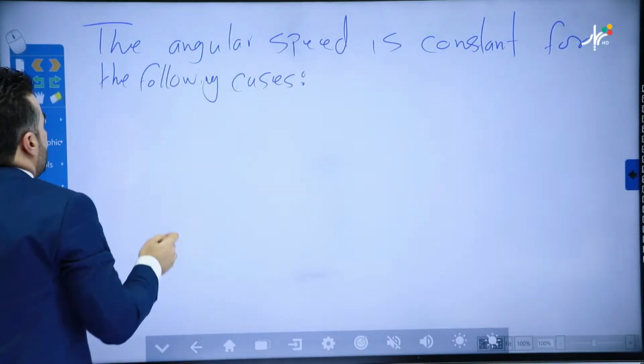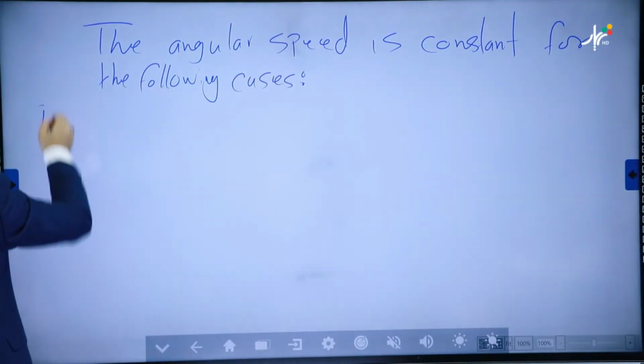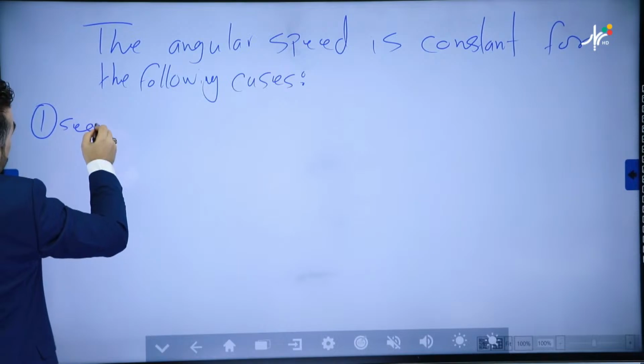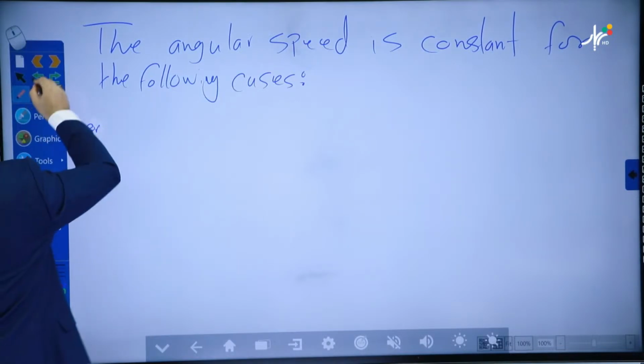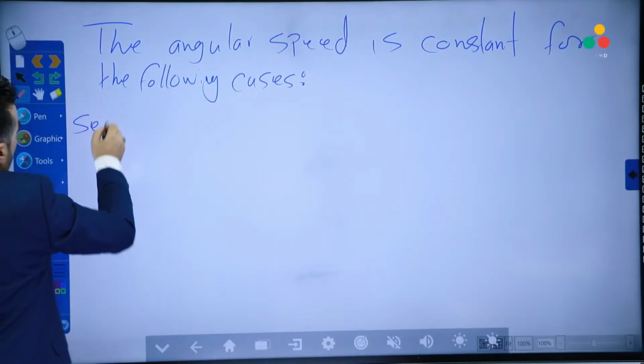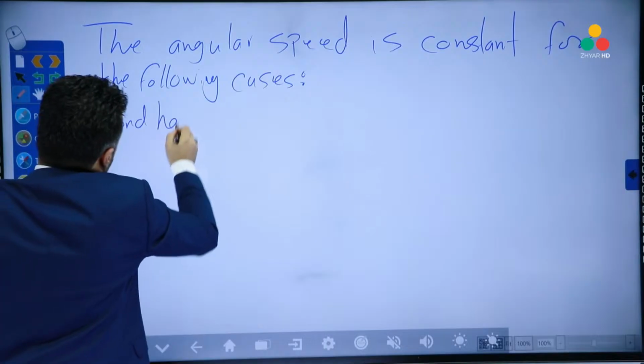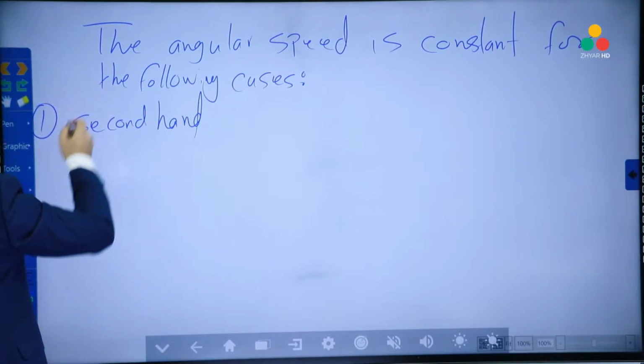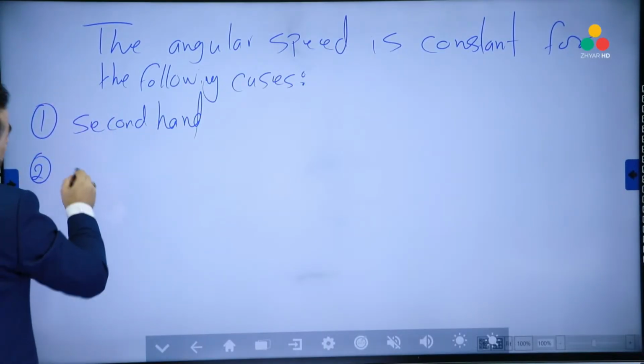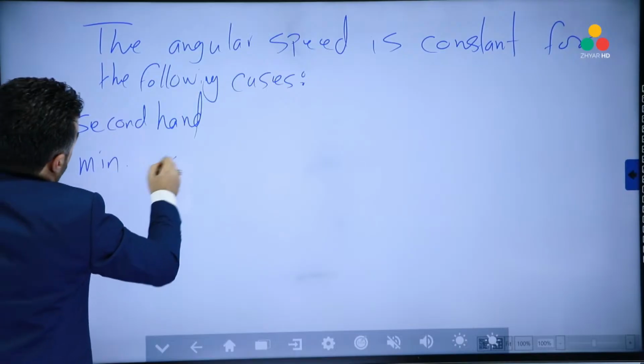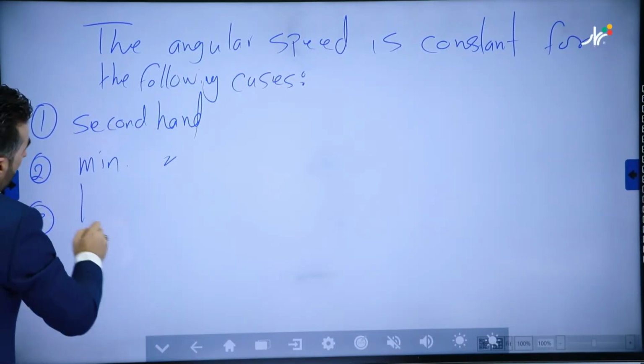Now the first one is the second hand. The next one is the minute hand. The third one is the hour hand.